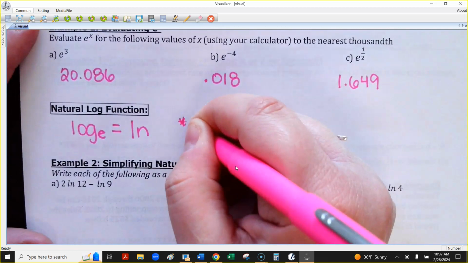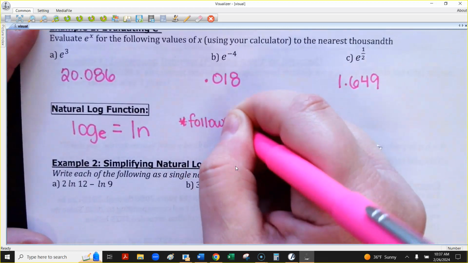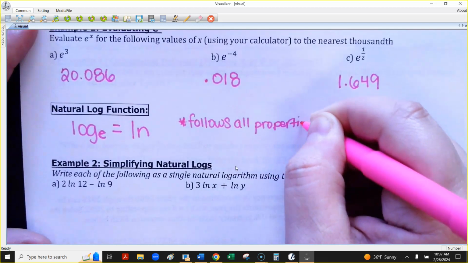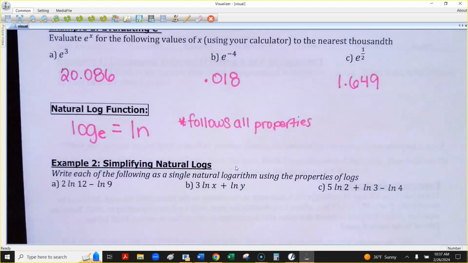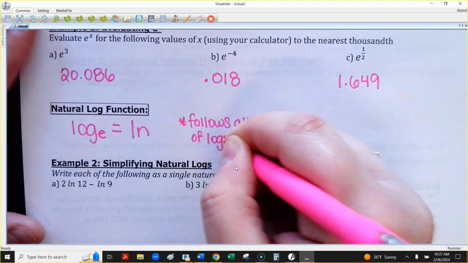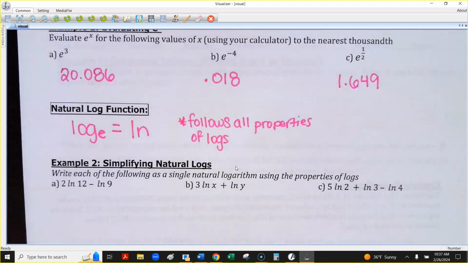And the natural log follows all properties. So like if we see addition between two things, it turns into multiplication. If we see a number out in front, it's an exponent. Follows all properties of just normal logs. Because it is a log, it's just a log base e. It has its own special button on the calculator.